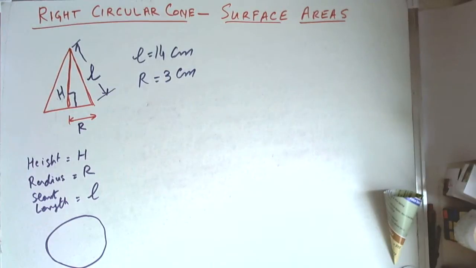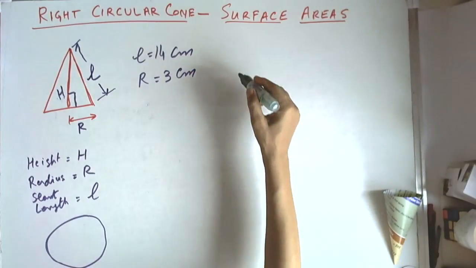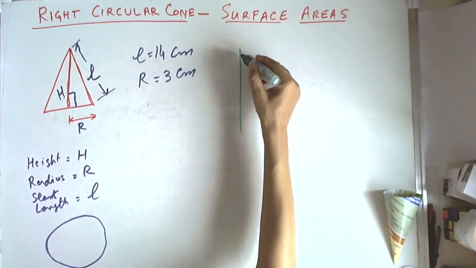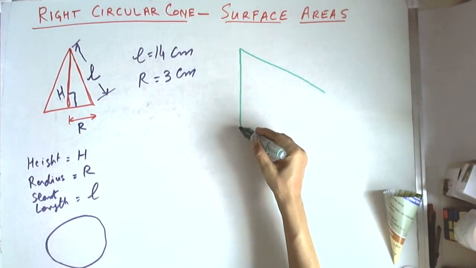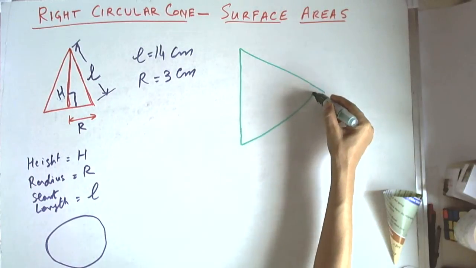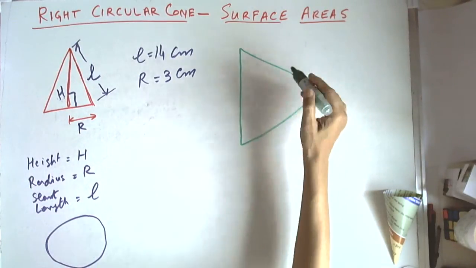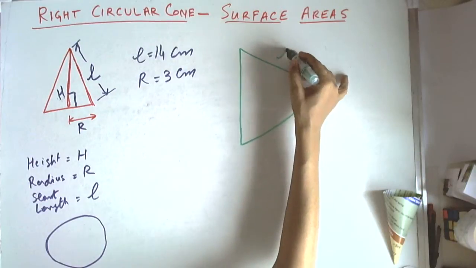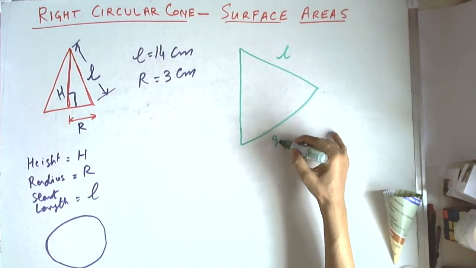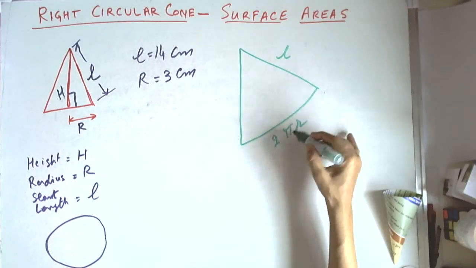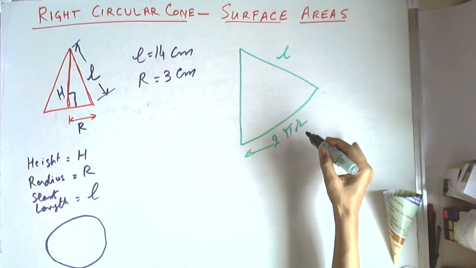Now, what is the formula for surface area? Basically, first let us understand that we cut the figure like this, and this is equal to L, and this is equal to 2 pi r.